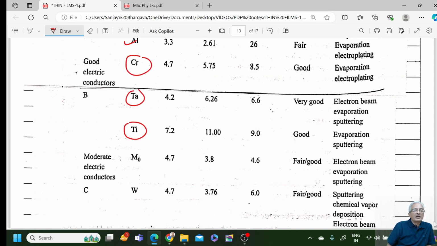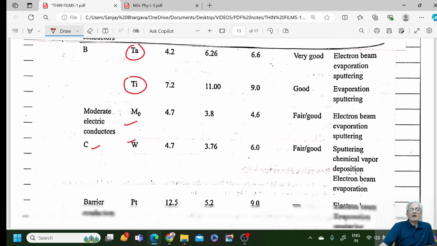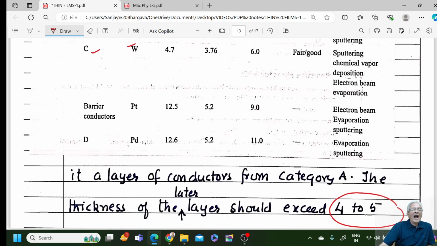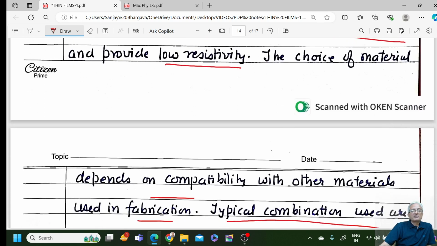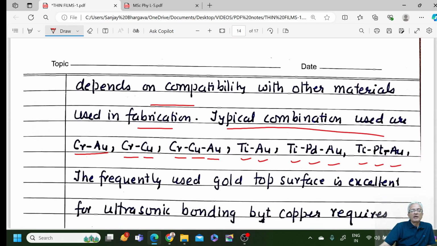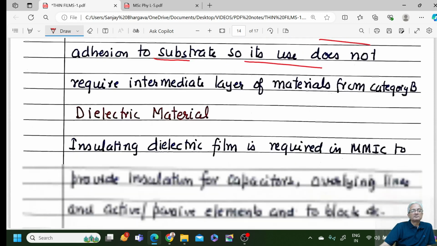When it comes to category C, it is molybdenum, tungsten, and for generating barrier conductors, we have platinum and palladium. So the table gives just the critical properties of the materials that would be required to make conductor materials.